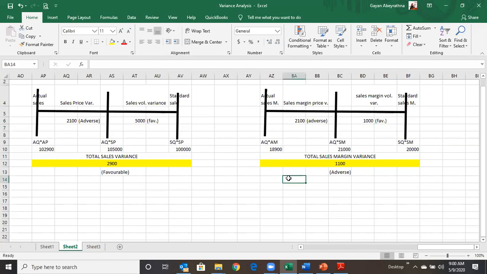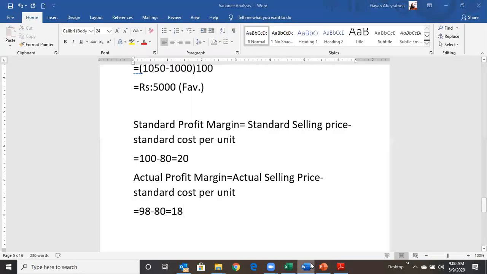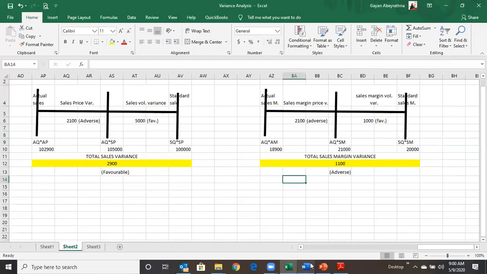Now we have completed all the variances with the equations. The other parts are mixed variances. Normally, other than one paper, only these main variances have been tested in all the question papers.